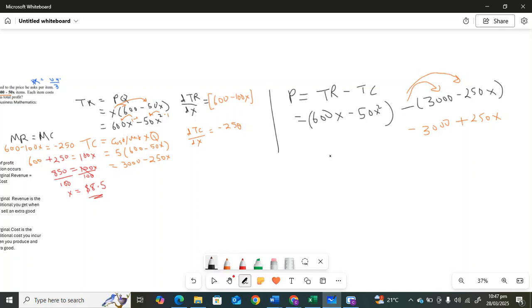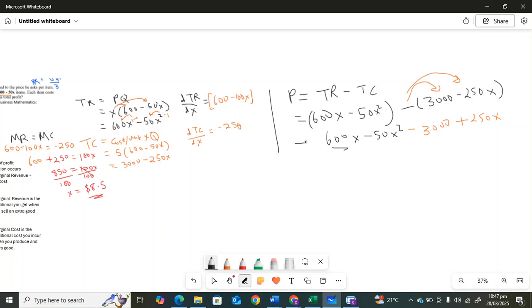And here we have our 600x minus 50x squared. All right, we have like terms here. Okay, so we add like terms. So this 600x plus 250, you get 850x.